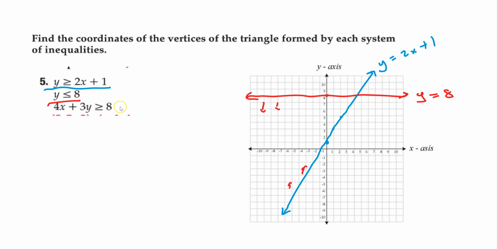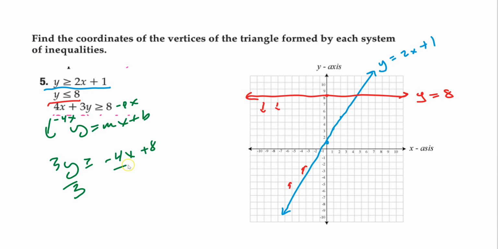4x plus 3y is greater than or equal to 8. So again, this one I got to put in proper notation. I got to get y by itself, so y equals mx plus b form. So subtract that 4x. So 3y is greater than or equal to negative 4x plus 8. Divide by 3, divide by 3. Oh, that's not going to be nice. So 8/3, like 2 2/3.